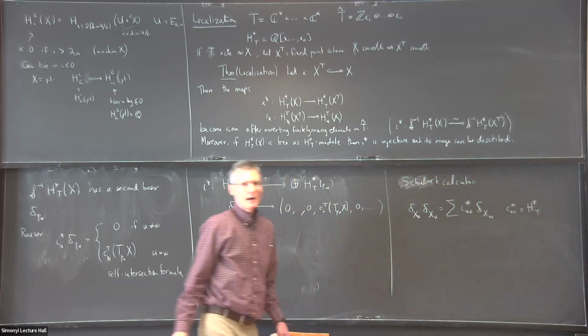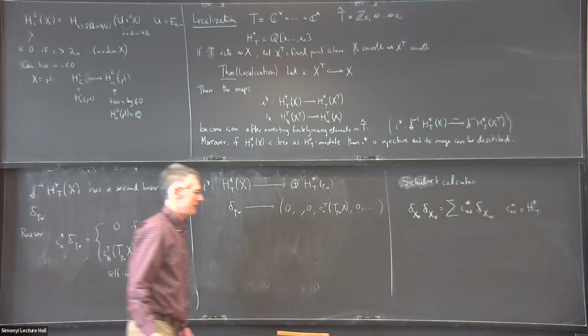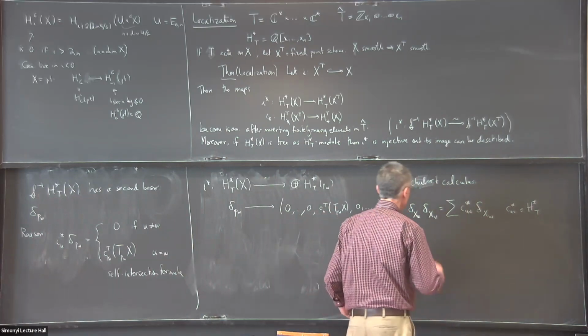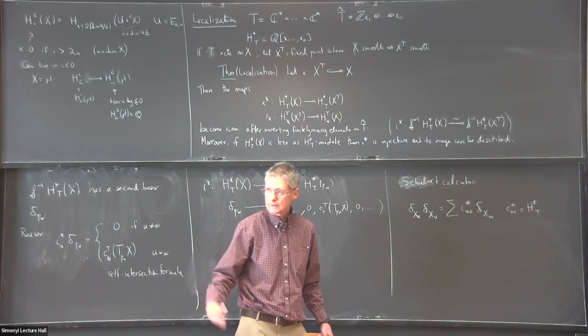And in a sense, the problem of Schubert calculus is to compute these or to understand these better. So in fact, localization gives us a method of computing these things.